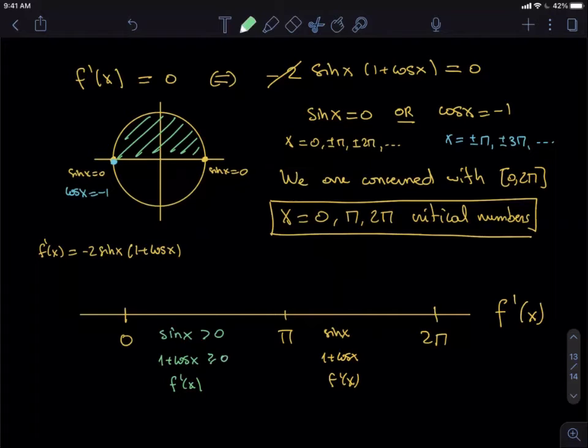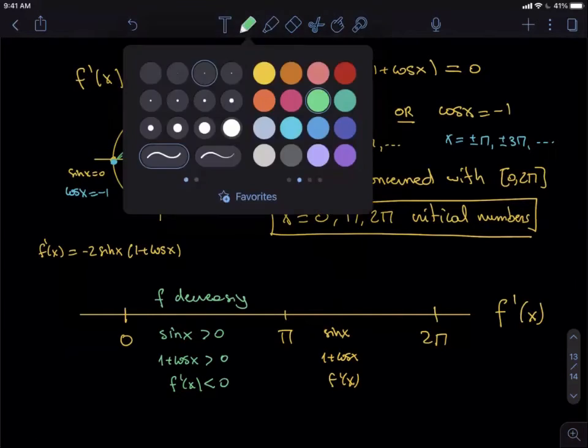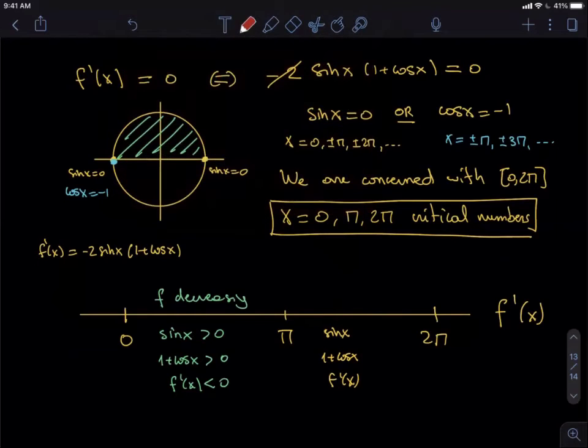I mean, the cosine is always bigger or equal than negative 1. So that's not a problem. It will only be 0 whenever we arrive to x equals pi. So actually, I can say that it's positive. And then the derivative is going to be positive times negative 2, which is negative. Okay, so here we have that f is decreasing.